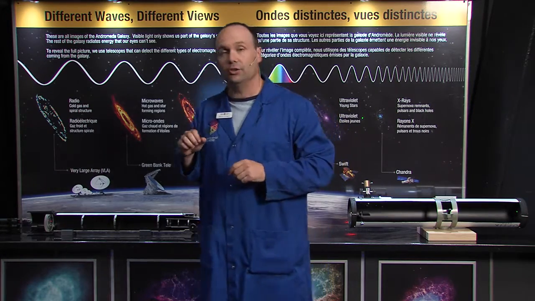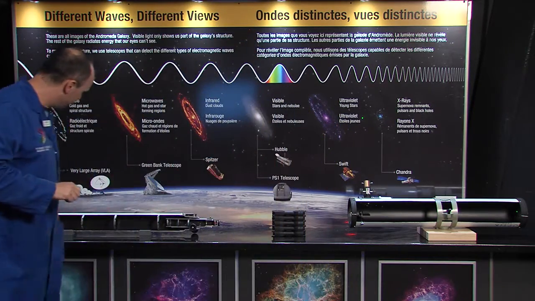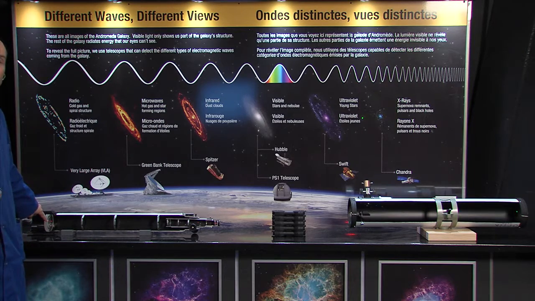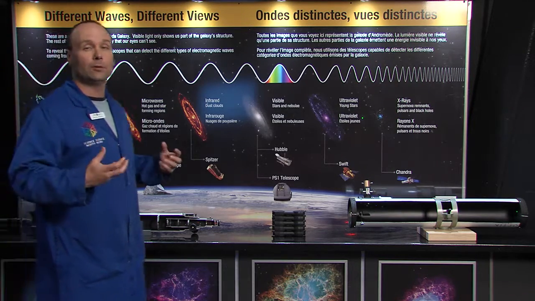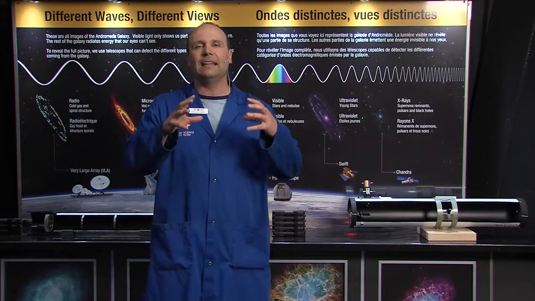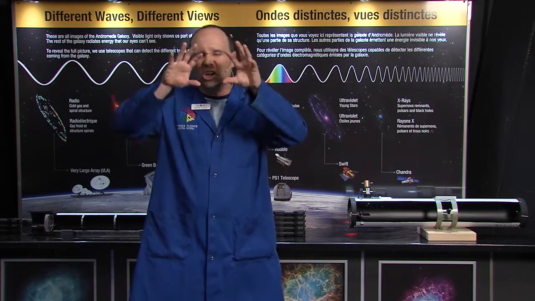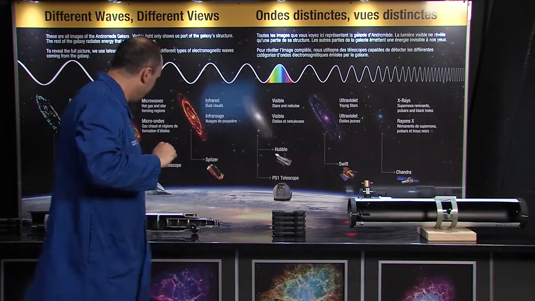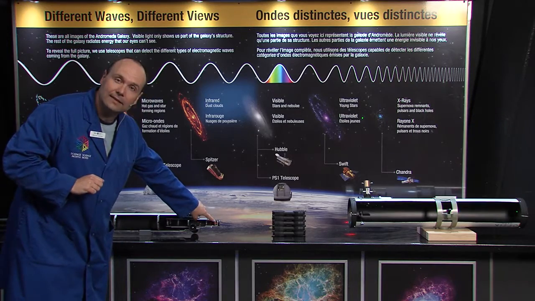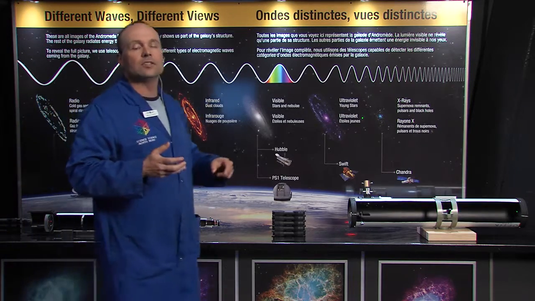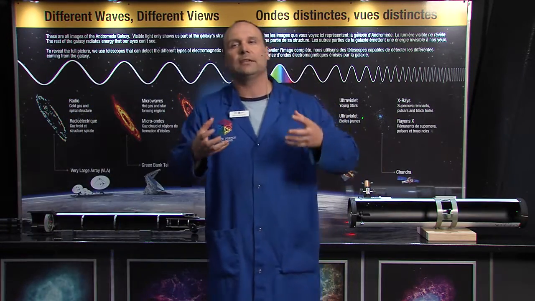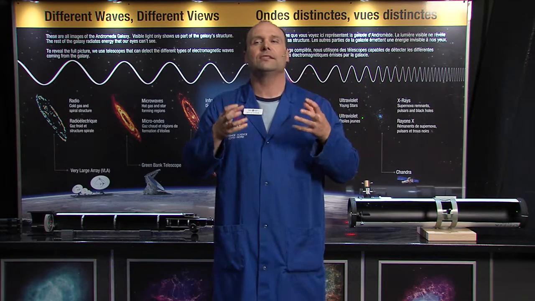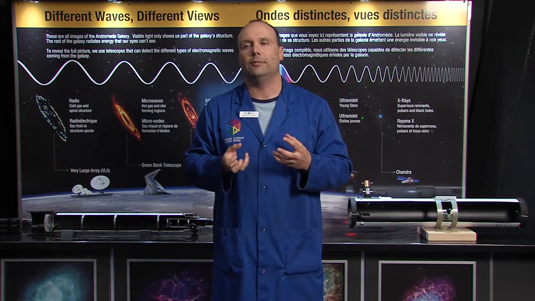So you need a double lens right here to deal with what is called chromatic aberration. If you don't have that, then your image doesn't look good. So it's called a doublet set of lenses to deal with chromatic aberration.